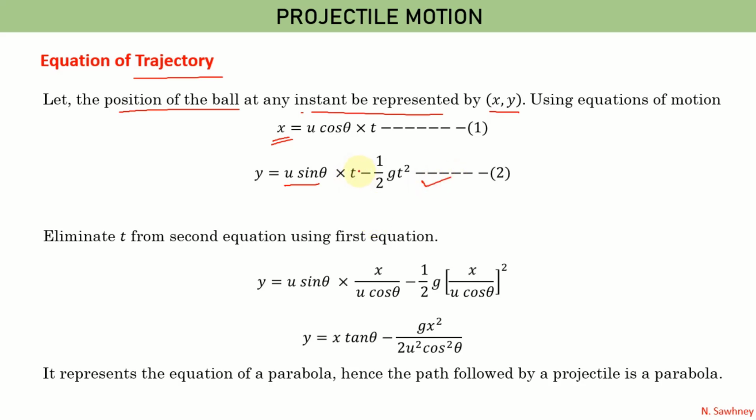Now we will eliminate t from the second equation by putting its value from the first equation, that is t is equal to x upon u cos theta. We will put this value in the second equation and rearrange the terms. After putting the value of t and rearranging, we get y equals x tan theta minus g x square upon 2u square cos square theta, which is the equation of a parabola. Hence, the path followed by a projectile is a parabola.